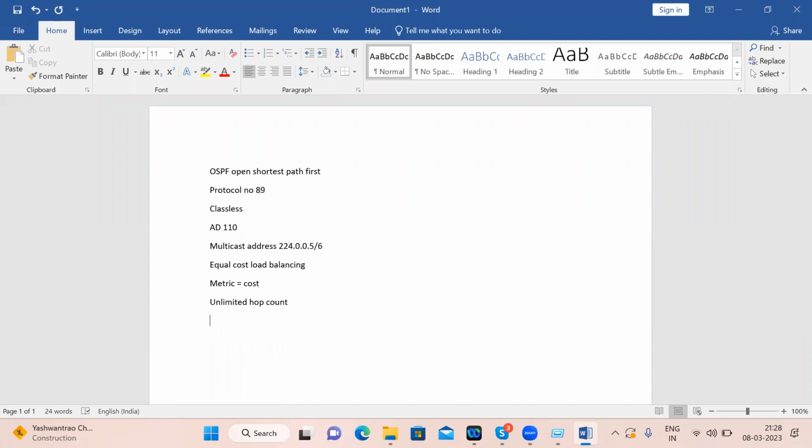Very good. RIP supports up to 15 hop counts, and 16 is unreachable. Whereas OSPF supports unlimited hop counts.